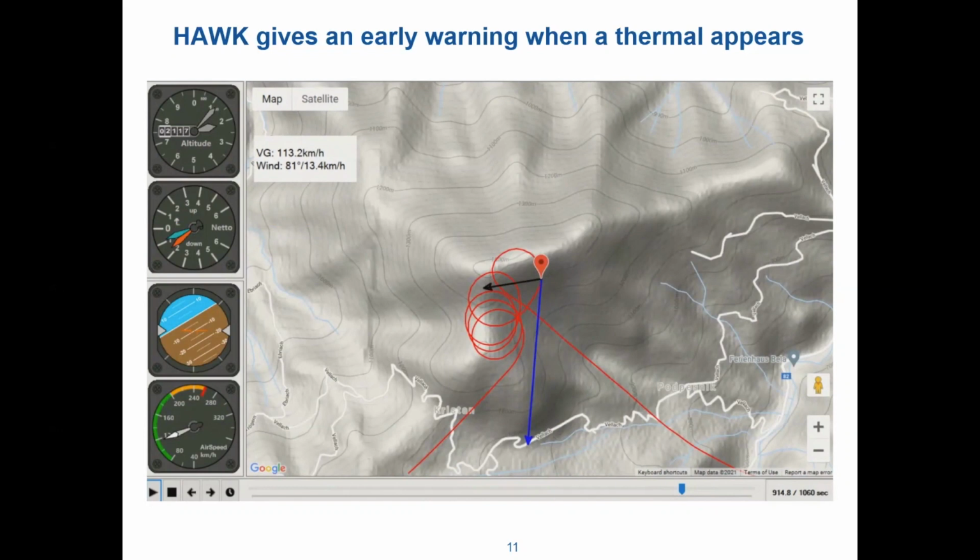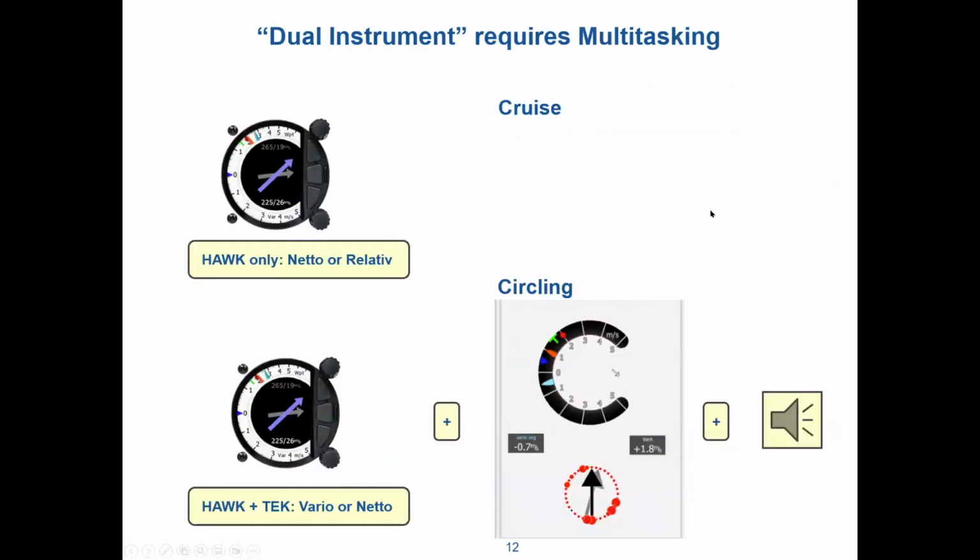And remember in slide 1, the complicated inflow and outflow into a cloud or a ridge here can only be exploited with real-time processing of all 3 dimensions. We advocate, for the reasons explained, a dual instrument.